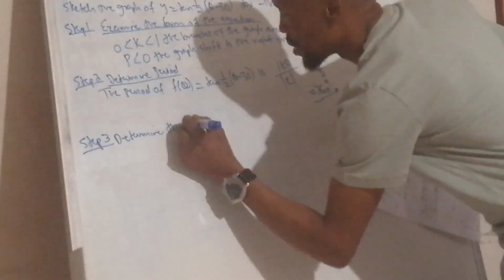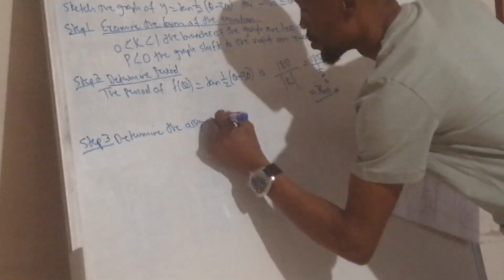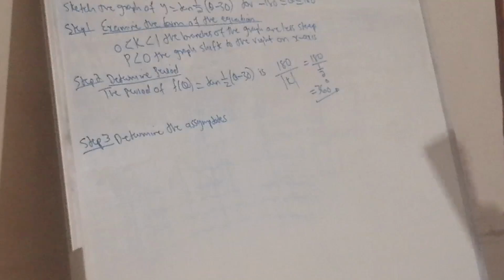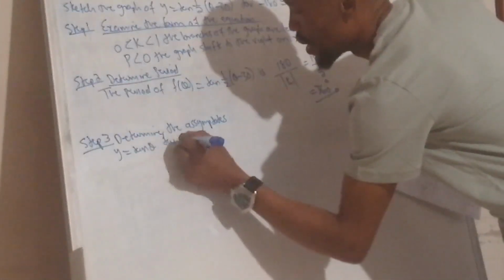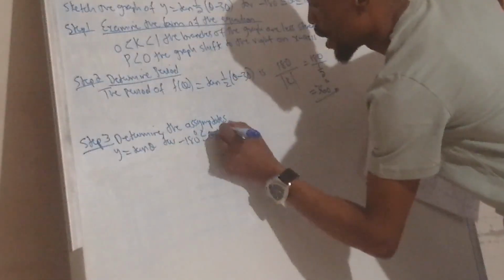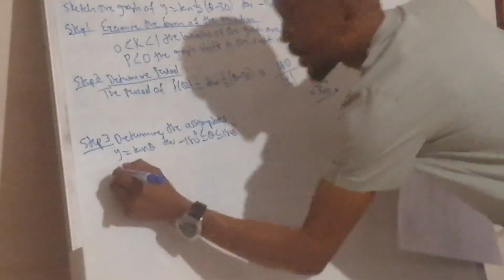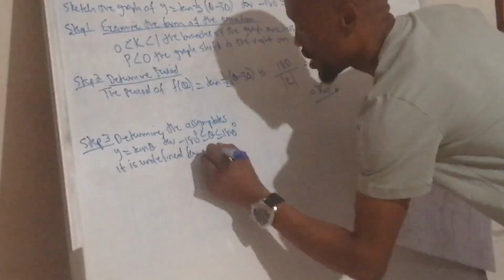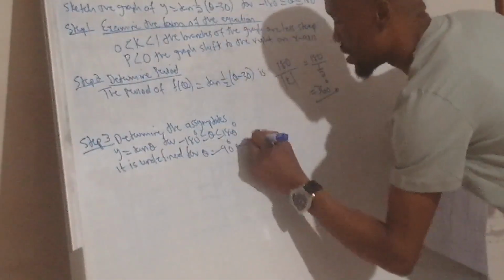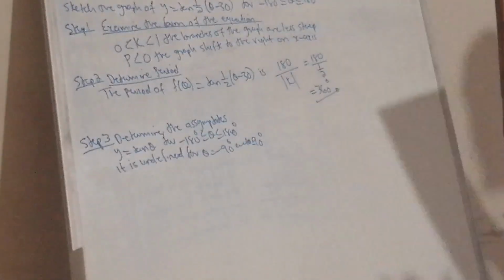For a standard tangent function, y equals tan theta, for theta between minus 180 and 180 degrees, it is undefined for theta equals minus 90 degrees and 90 degrees. We know that.